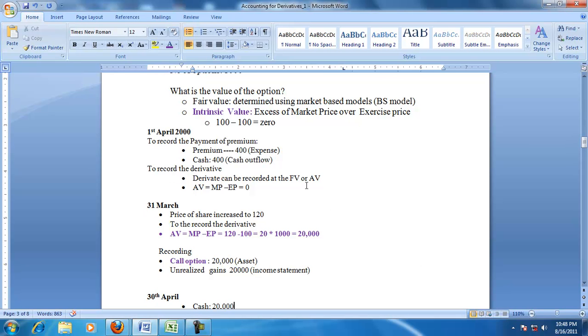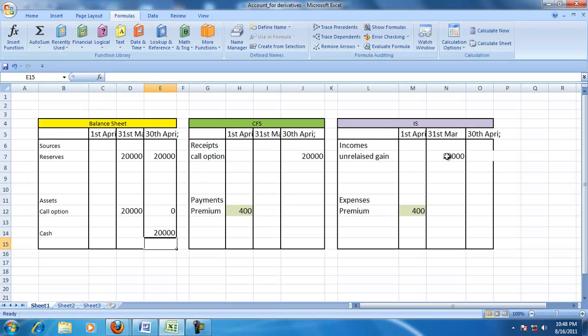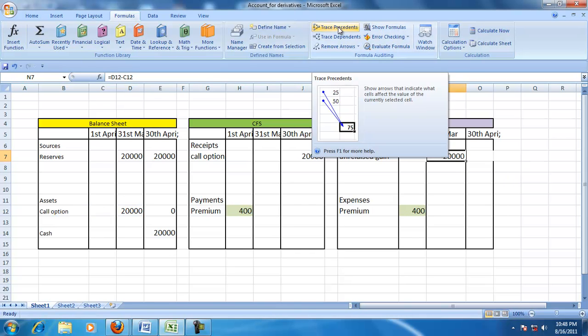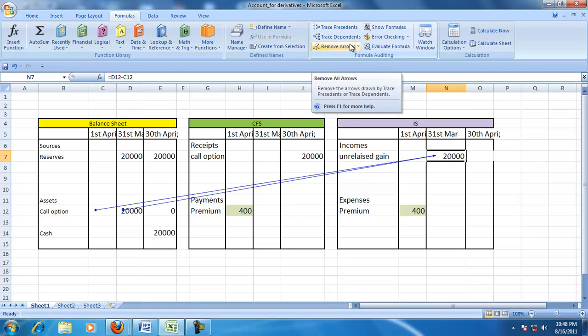On every balance sheet you revalue the asset and show the value of the derivative at the fair value, and the fluctuations, if any, are shown in the income statement. And what is that fluctuation? In this case 20,000 minus this. So the fluctuation is an income, in this case it has gone up.